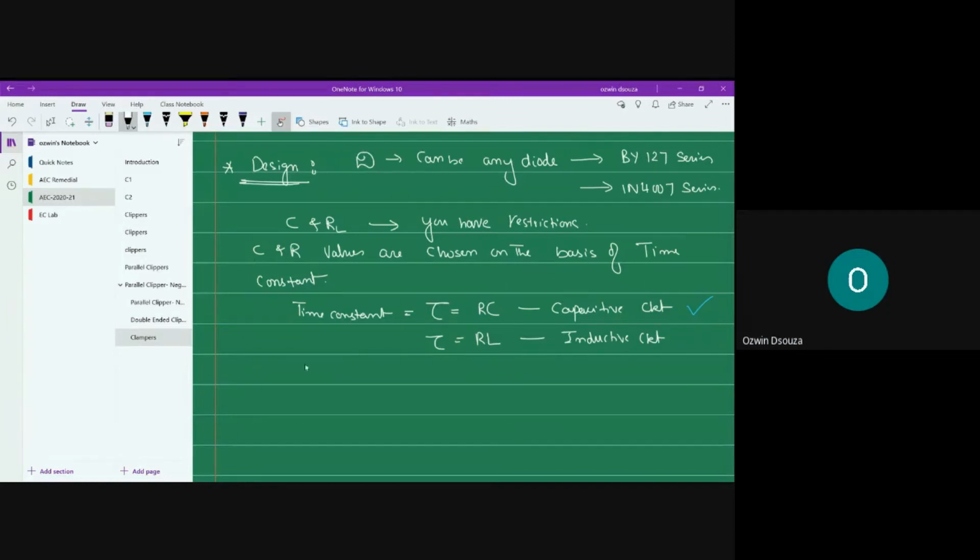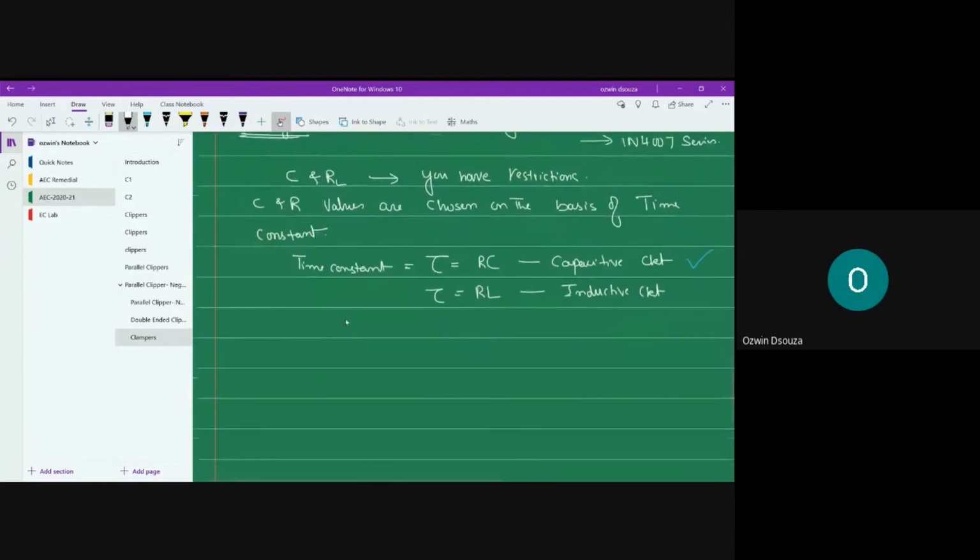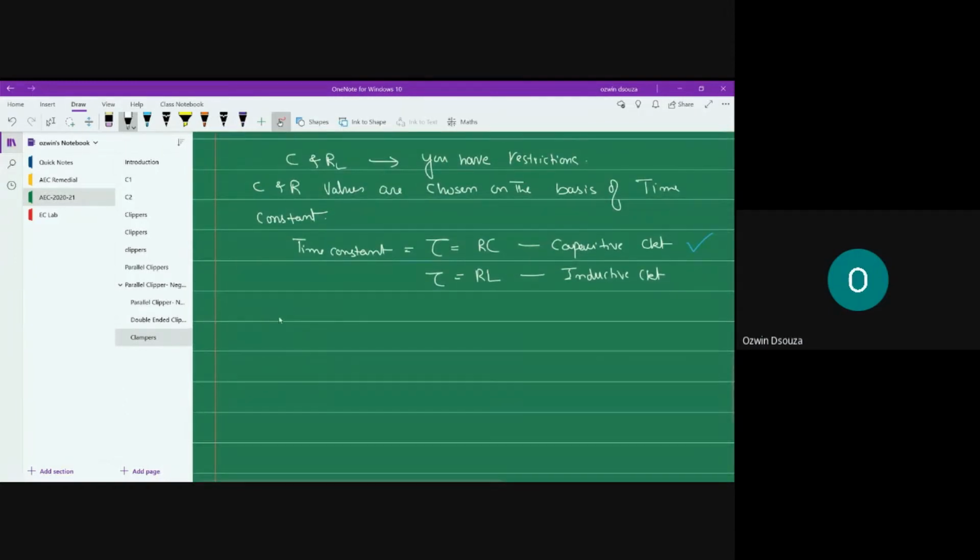This time constant is not something you are listening to for the first time. In basic electronics, you have studied about the capacitor filter. Let's say this is your rectifier.